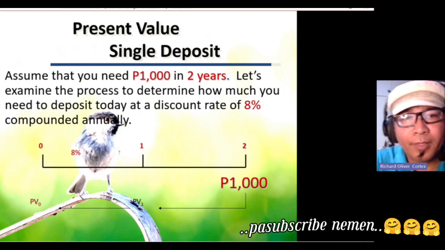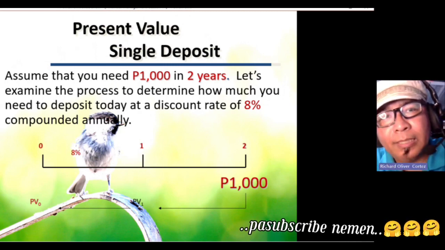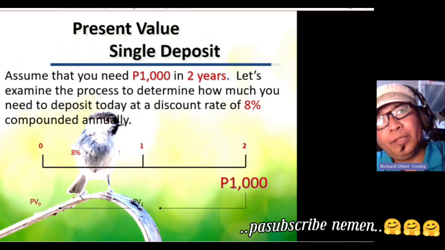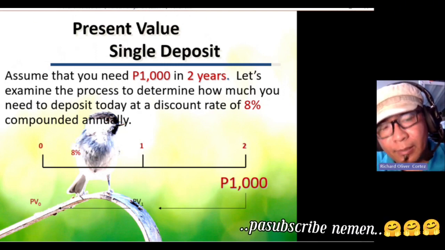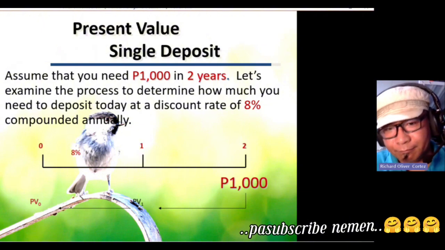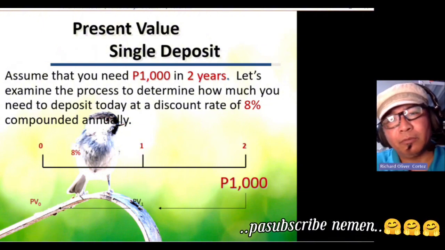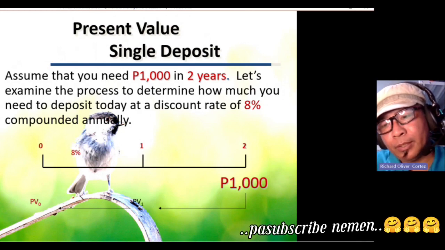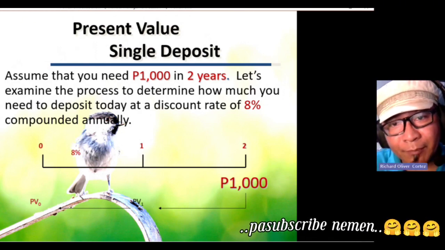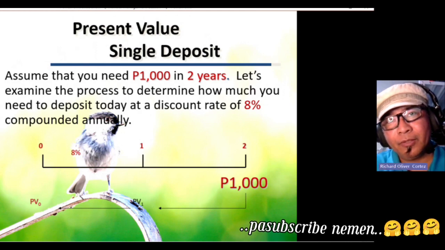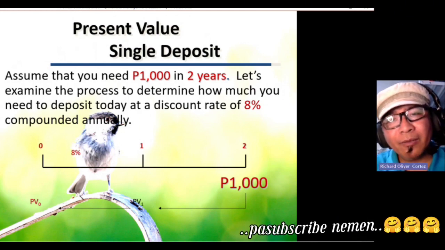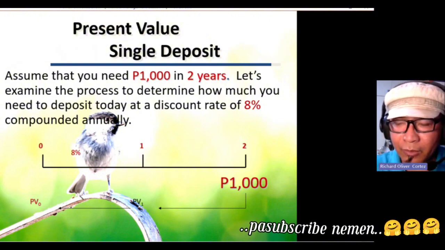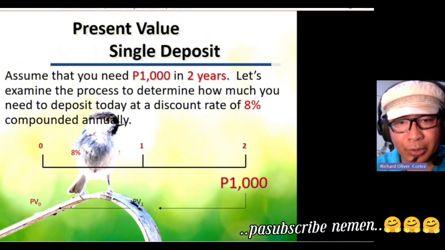Okay? Example. Kailangan mo ng 1,000 sa loob ng 2 taon. So today is 2023, tapos sabi mo, gusto magkaroon ng compound amount ng 1,000 pesos in 2025. That is after 2 years na. Yan ang gusto mong mangyari. Magkano kaya ang aking invest ngayon? Para in 2 years time, meron akong 2,000 pesos.